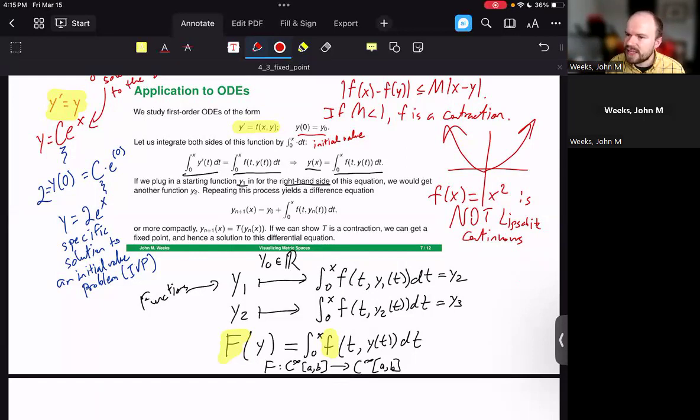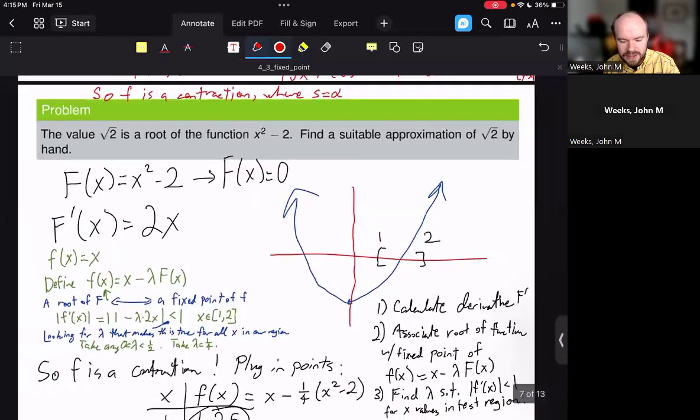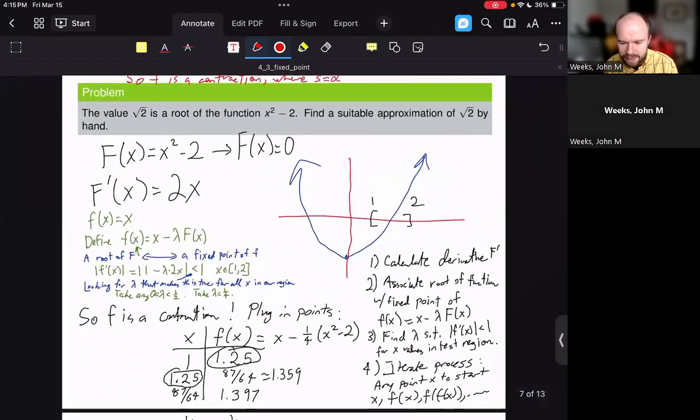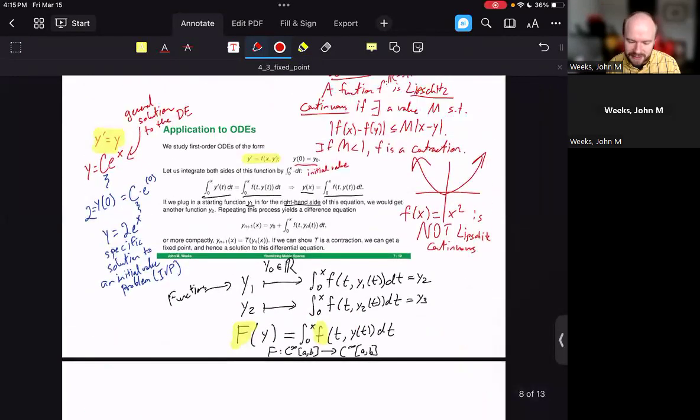But here we've seen how fixed point theorems have applications in two ways. One, a neat way to approximate the root of a given function, like the square root of 2, in a very appropriate way, using iteration to help us out there, as well as to find answers to ODEs, which is again a huge component of where analysis is coming from: to solve differential equations from any sort of perspective.